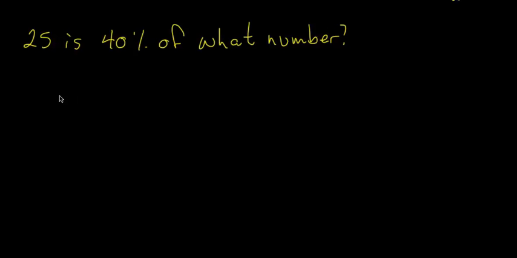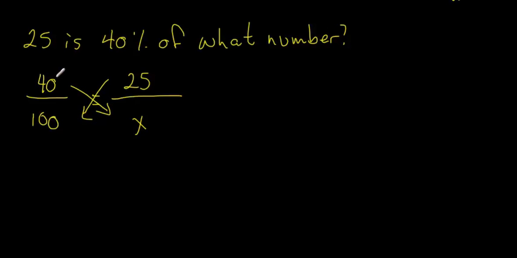Okay, so we have to start with our proportions. One side will be over 100. 25 is 40% of what number? So 40% is the same thing as 40 over 100. 25 will go on the top, and we don't know this number. Okay, so we do our cross multiplying. All right, so first step we have 40x, and that's equal to 25 times 100, 2,500.